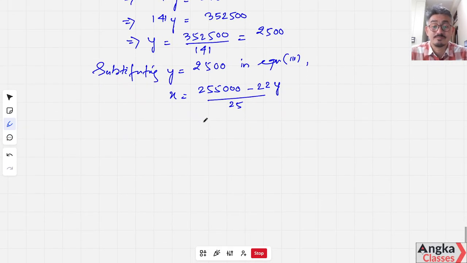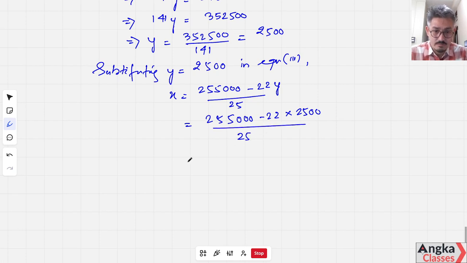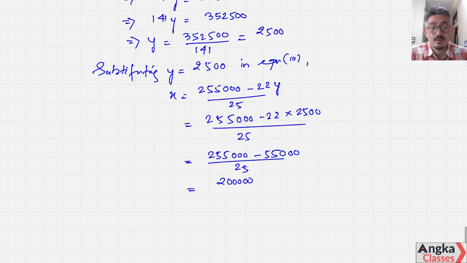So 255,000 minus 22 into 2,500 upon 25, which is 255,000 minus 55,000 upon 25.